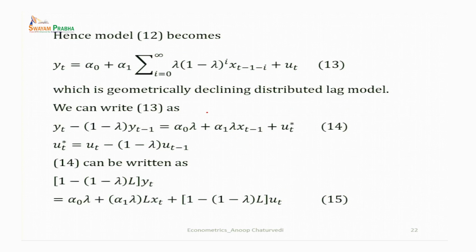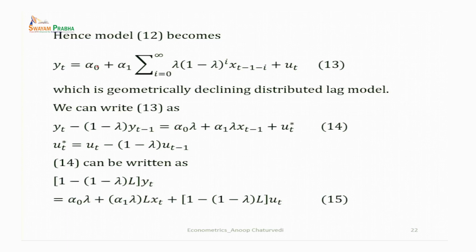Then we can write this model 13 as y_t minus (1 minus lambda) y_{t-1} equal to, you simply take y_{t-1} equal to alpha_0 plus alpha_1 summation i equal to 0 to infinity lambda (1 minus lambda)^i x_{t-1-i-1} plus u_{t-1}, and then you take y_t minus (1 minus lambda) y_{t-1}.